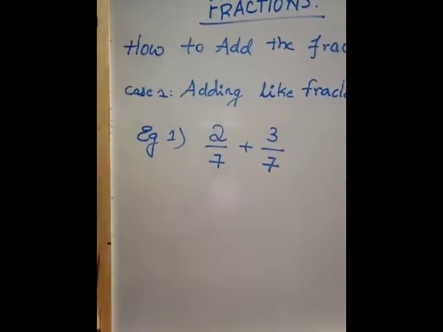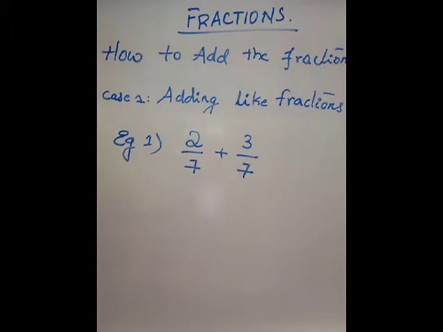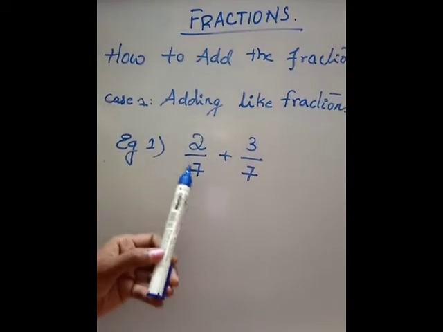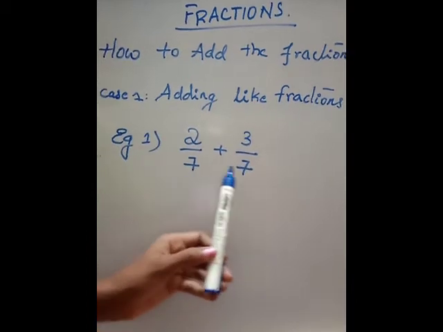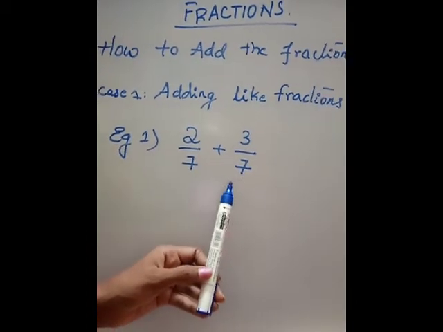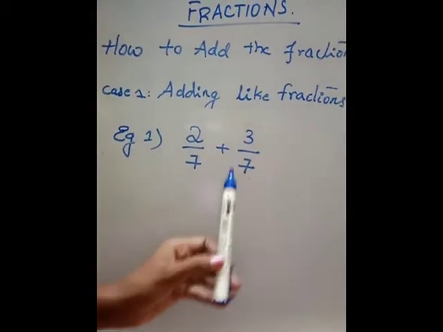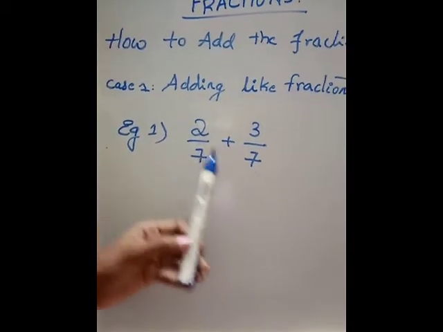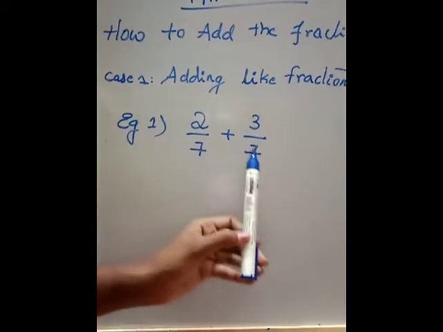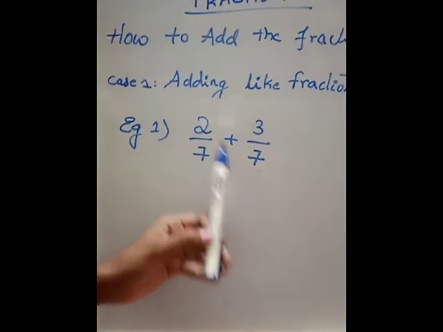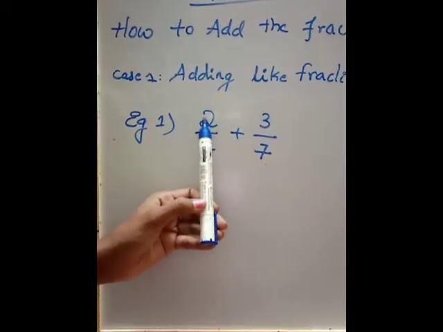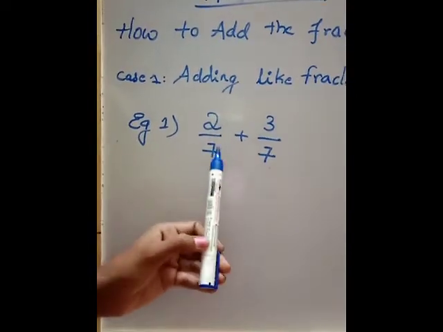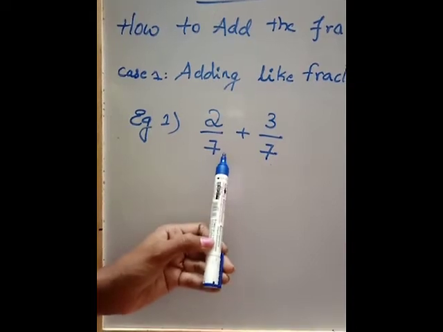See this example 1: 2 by 7 plus 3 by 7. You can observe carefully that both denominators are the same, 7 and 7, so 2 by 7 and 3 by 7 are like fractions. If you want to add two like fractions, you have to add the numerators directly and write the same denominator.